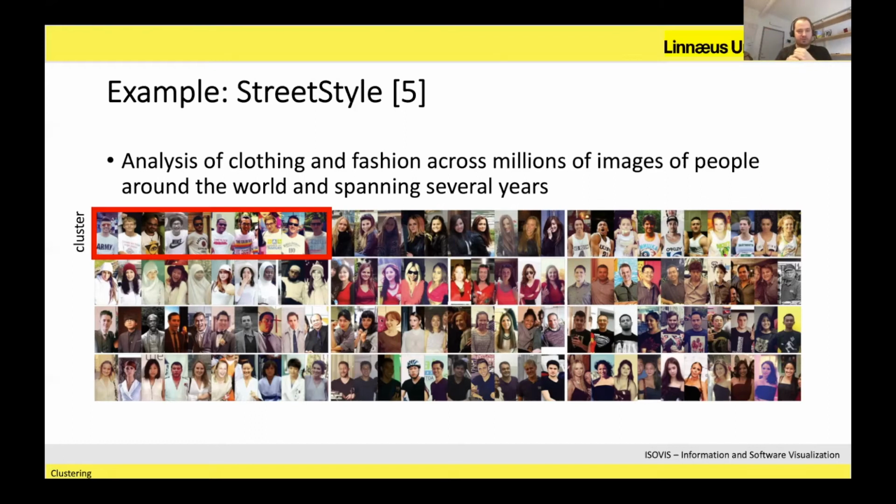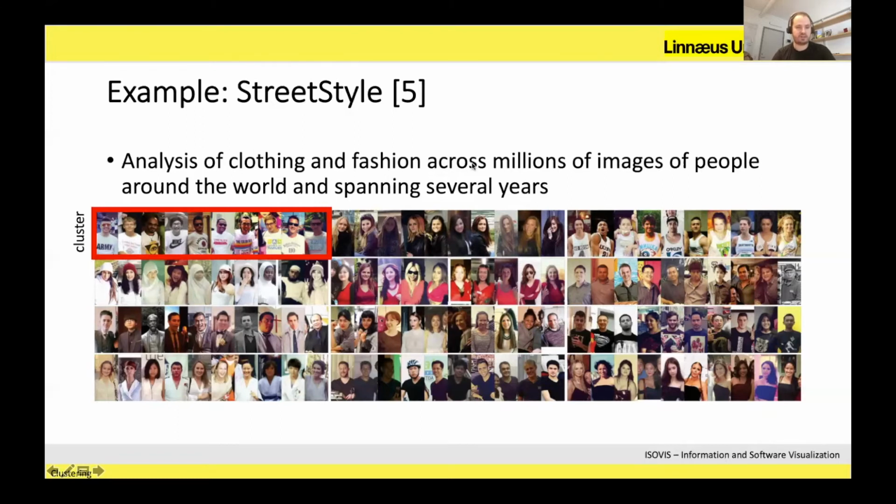Anything that could be found in this data set by using clustering, right? And so basically this is an example, and each of these sets of pictures that you're looking at is one cluster. You can see here, this is a cluster of guys wearing white shirts with some kind of drawing or figure on it, and you have a bunch of others.